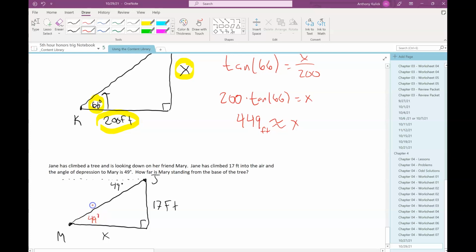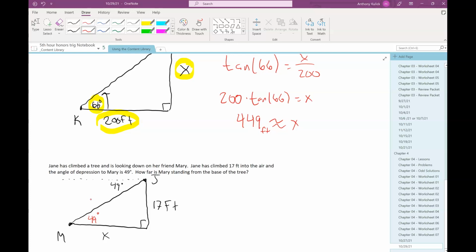So I'm just going to use the fact that we have alternate interior angles to say that that angle down there is also 49 degrees. Alternatively, you could have said that angle J, the other part of it, is 41. That would be okay too. But you need to get one of the two acute angles inside your triangle some way.